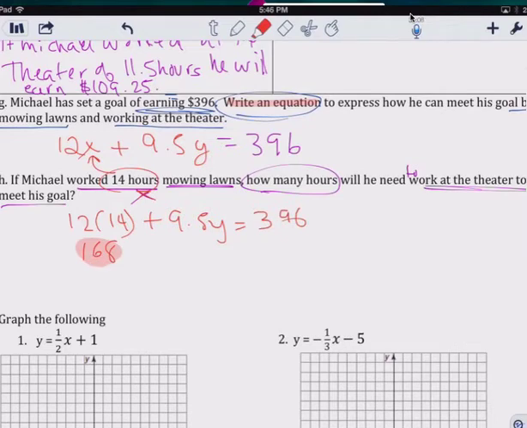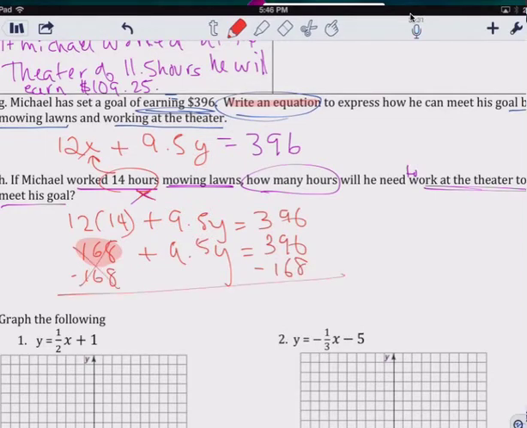So he has to figure out how many hours he needs to work at the theater. 9.5y equals 396 minus 168, the amount from mowing lawns. So we get 396 minus 168 equals 228.